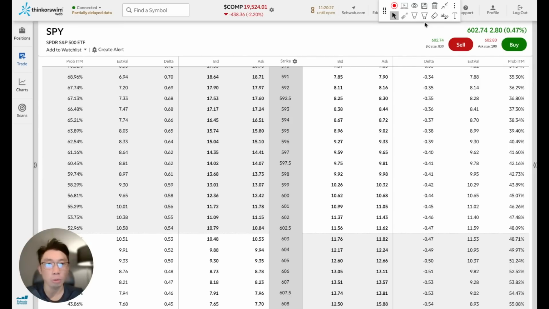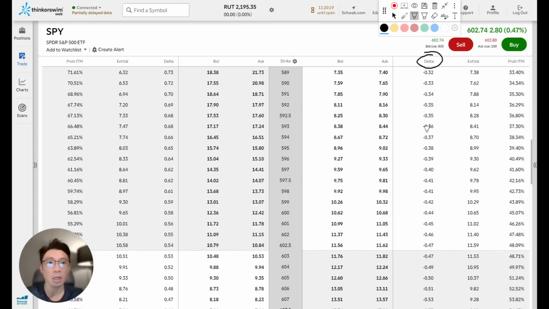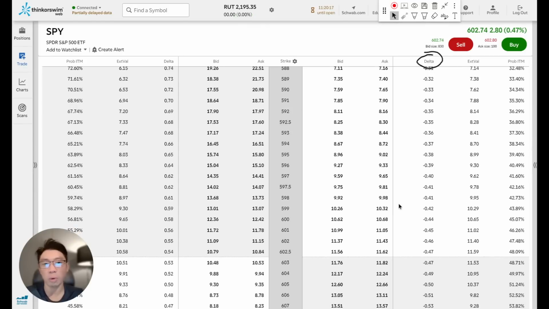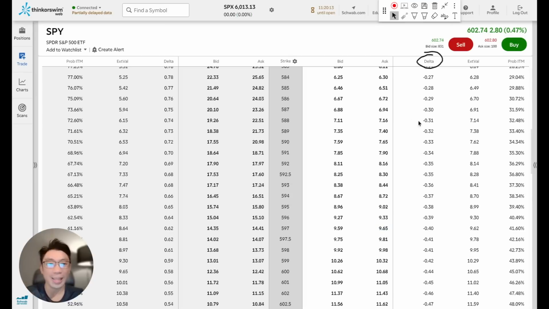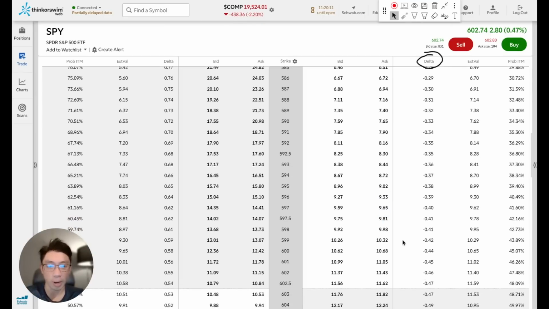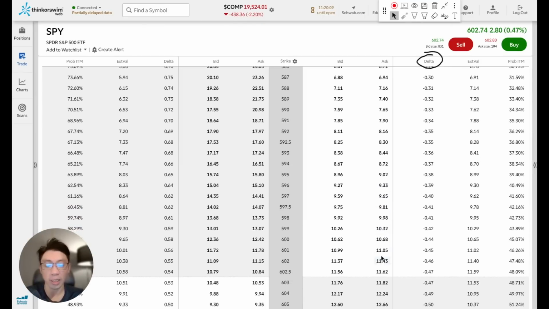How we usually decide where to put our strike prices is by looking at the delta. As you can see over here, this column tells you the delta. For very quick reference, if you want to construct a put credit spread, we generally go for the deltas that are usually further out of the money. Out of the money for the put side just means it's below where the current market price is.